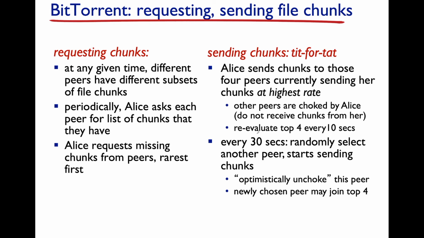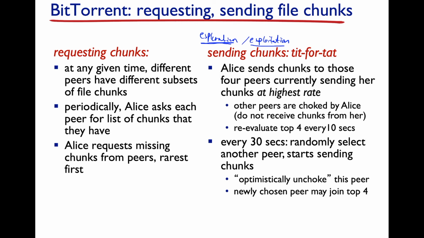In addition, Alice does the following, and this is an example of what's called the trade-off between exploration and exploitation. Now, exploitation is the maximizing of an action based on information you have, and exploration is a random guess in attempt to try to find something that's better.